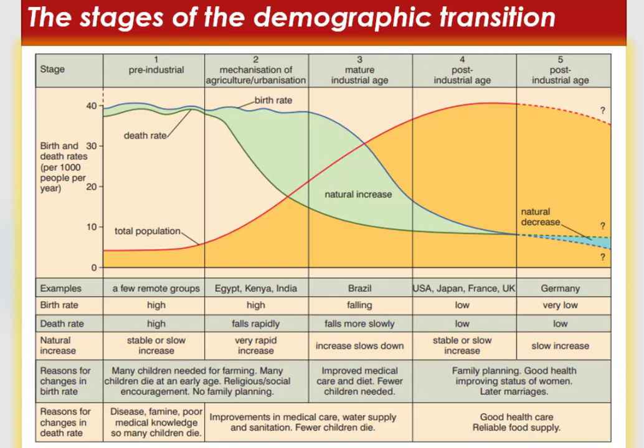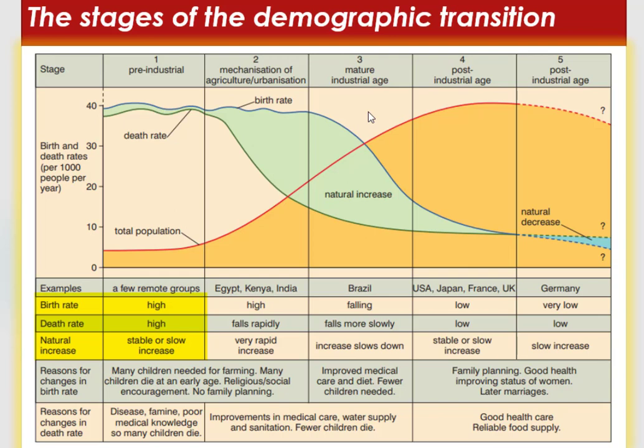Here is the graph that shows different stages of demographic transition. The first stage is the pre-industrial stage. In the pre-industrial stage, birth rate and death rate are high.